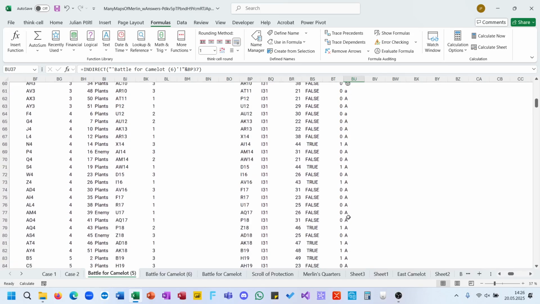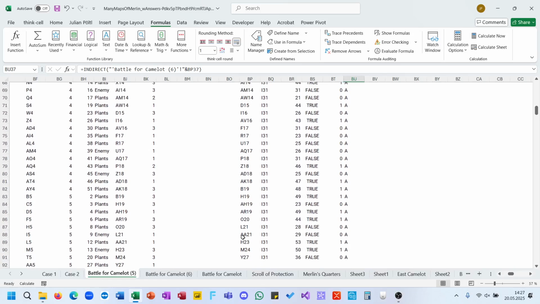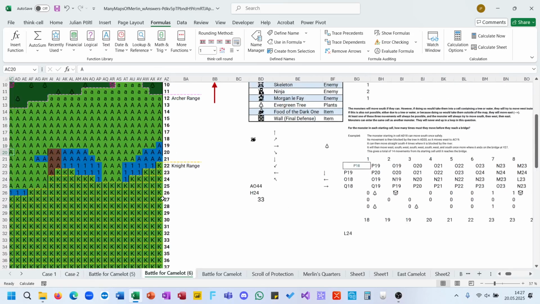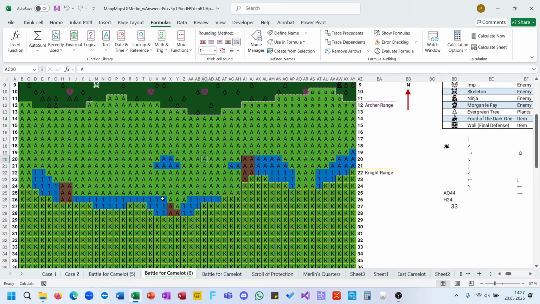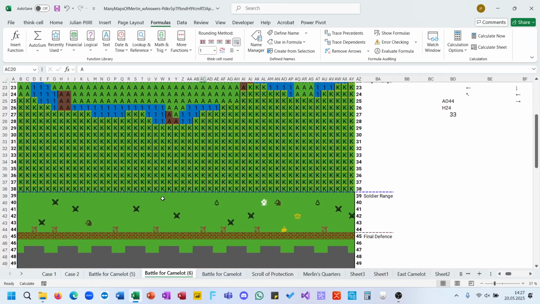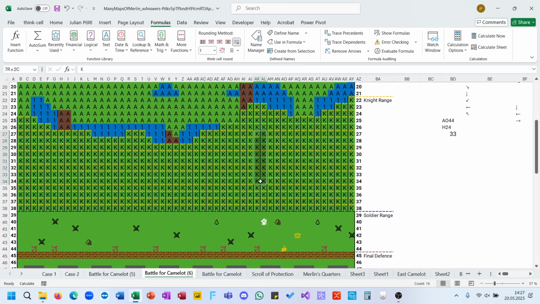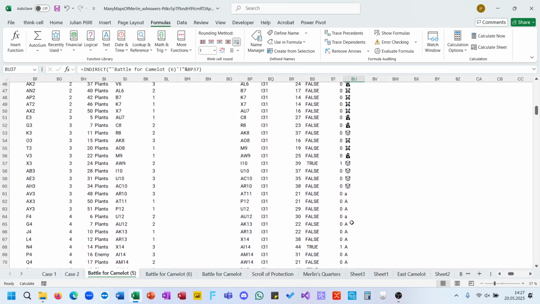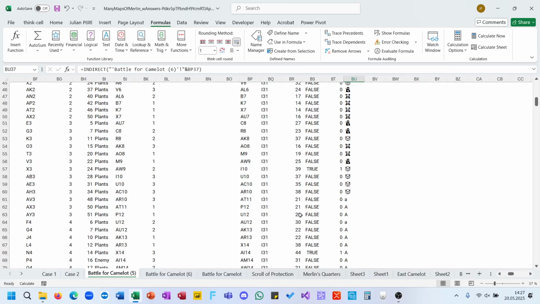I only have archer range. No knight range, which is weird. Soldier range I have also, but nothing between 20 and 38. Ah, this hasn't calculated properly.